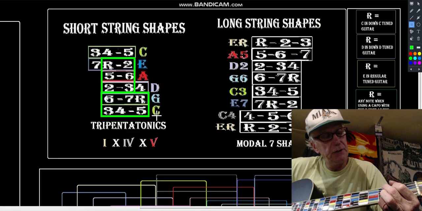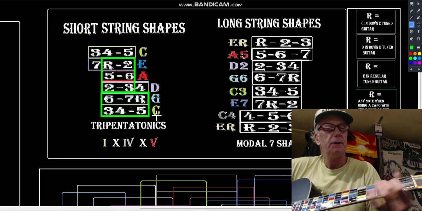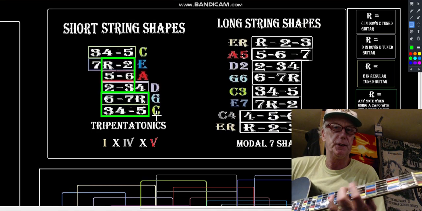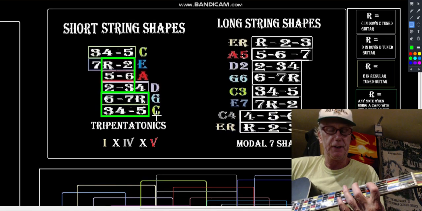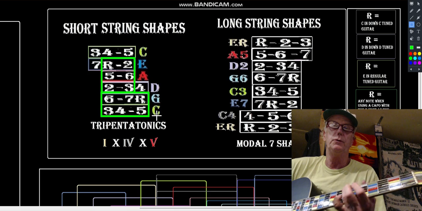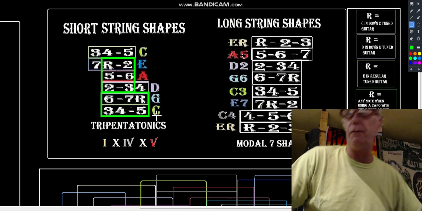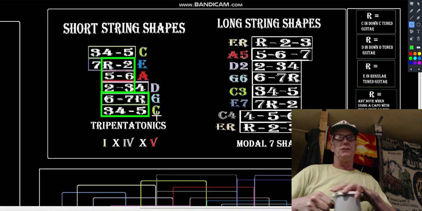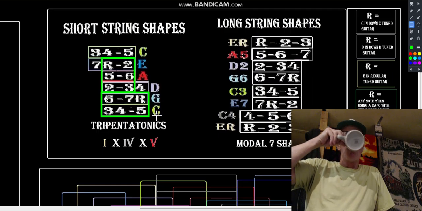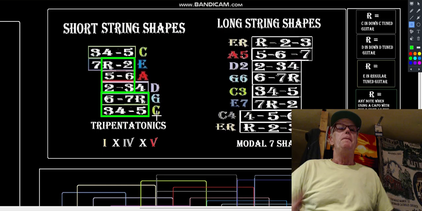So the G string shape here is 6, 7, root. Where your fret nut is E, F sharp, G. So that's the 6th. E is the 6th of G, F sharp, and then root is G. Now, these are the bottom strings of the pentatonic cages in the CAGED system, as we build the string shapes.